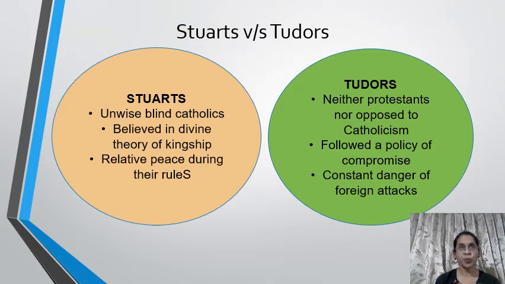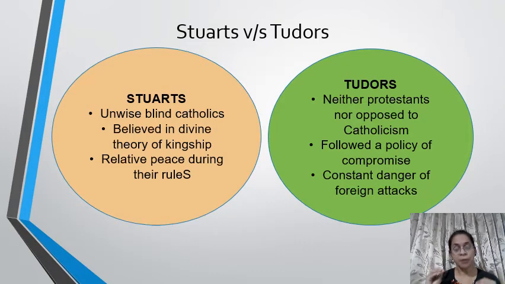So we basically can see that the political problems were very different during the time of the Tudors as well as the Stuarts. During the Stuarts, the country did not face the danger of a foreign attack, whereas during the Tudor time, they did face the danger of foreign attack, which was happening all the time.